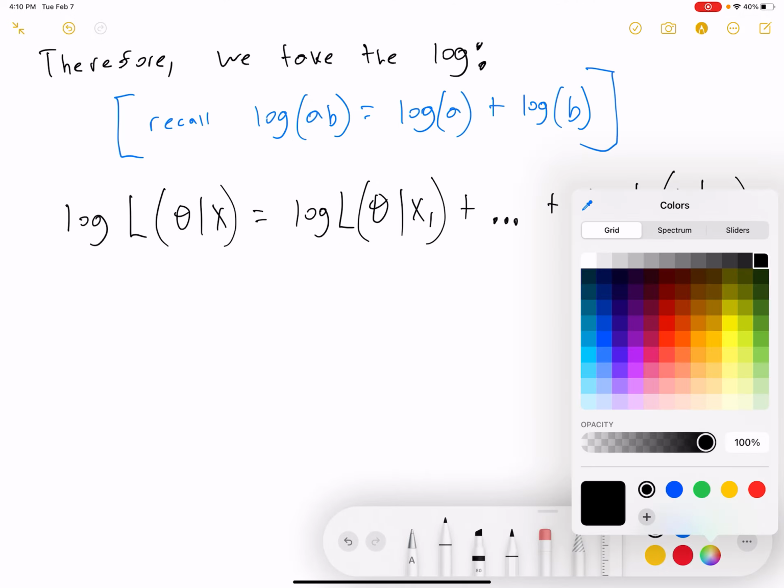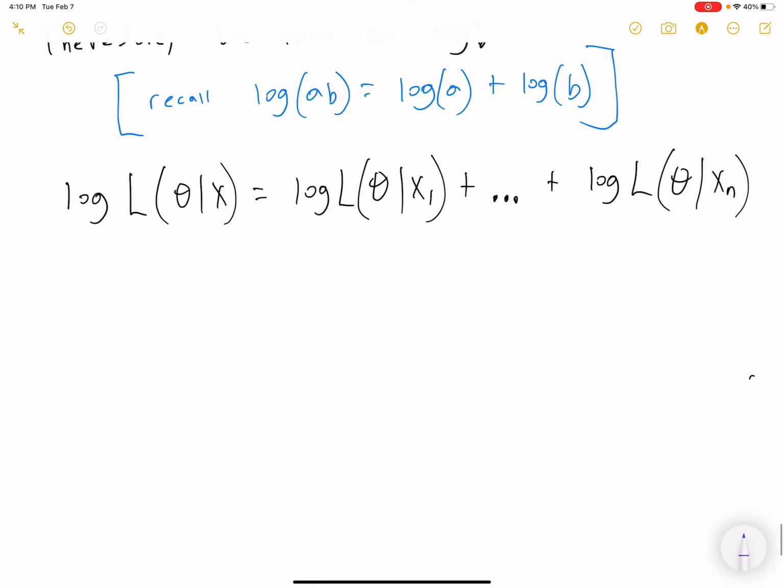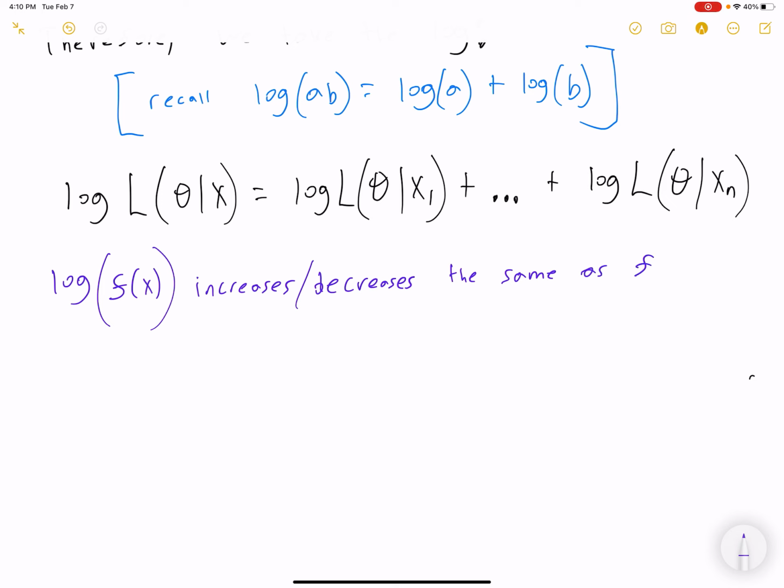And the reason we can take the log, and this is kind of a recurring theme in math in general, is that the log of any function increases and decreases the same as the function.